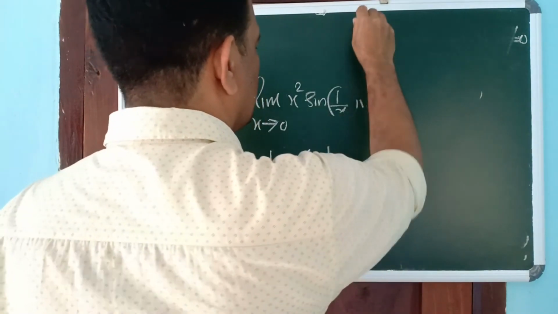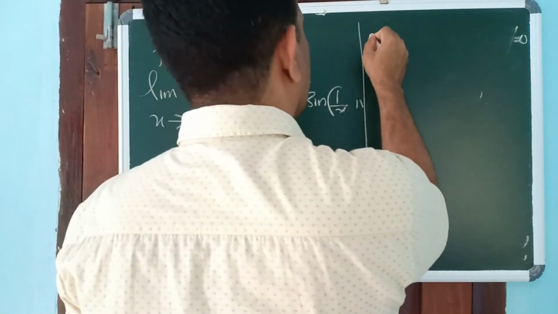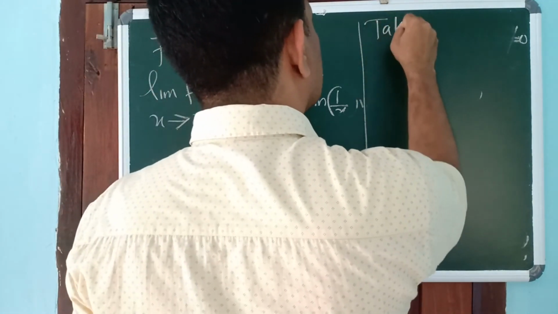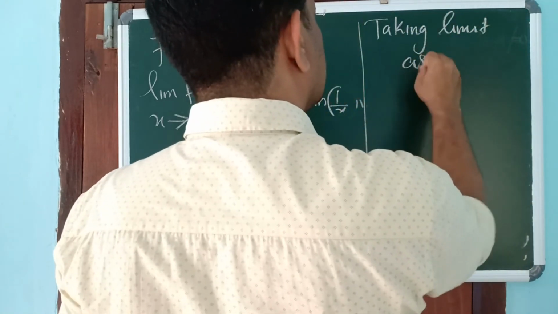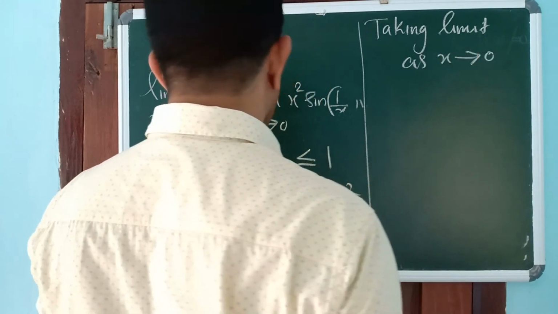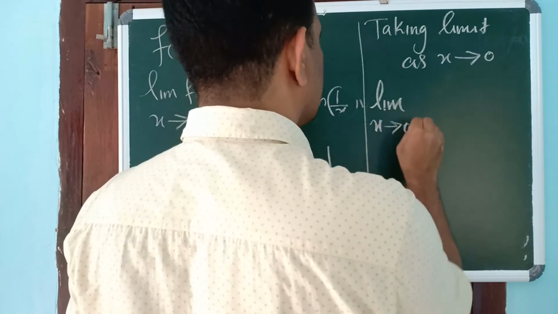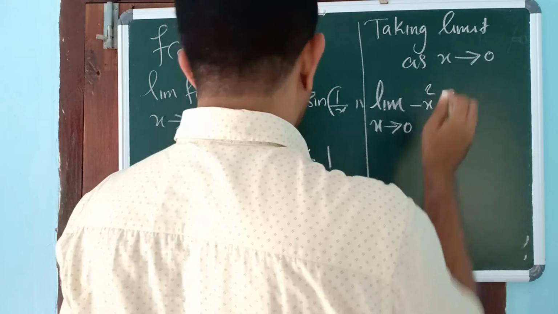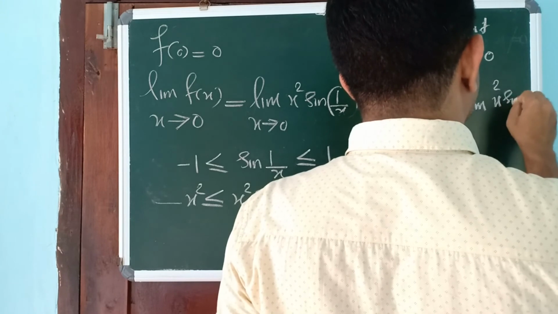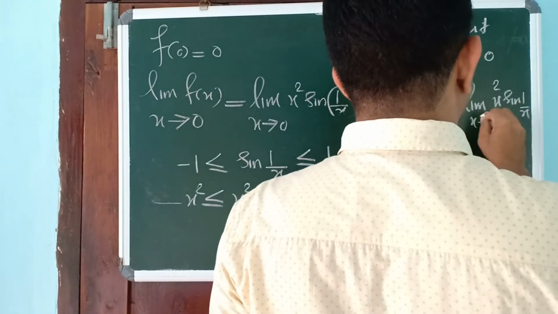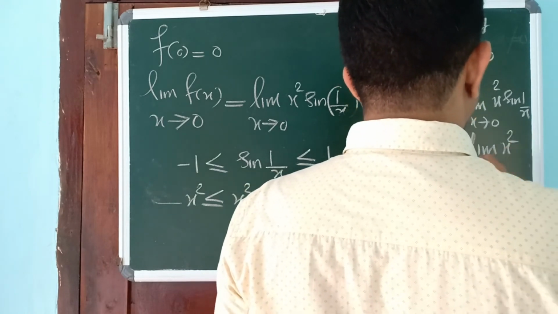Now that we can write it, taking limit as x tends to 0. Therefore it becomes limit x tends to 0 of minus x square less than or equal to limit x tends to 0 of x square into sin 1 by x less than or equal to limit x tends to 0 of x square.